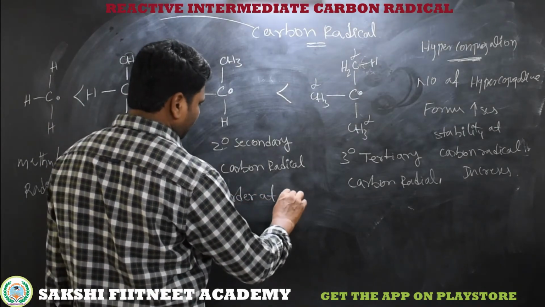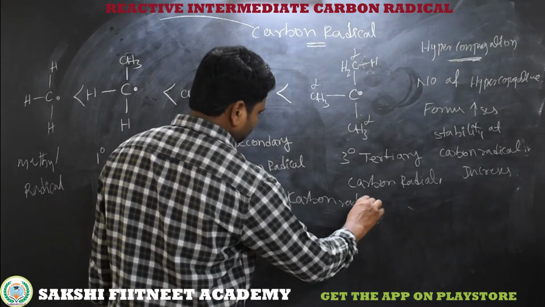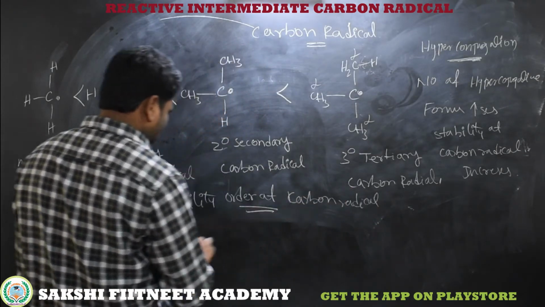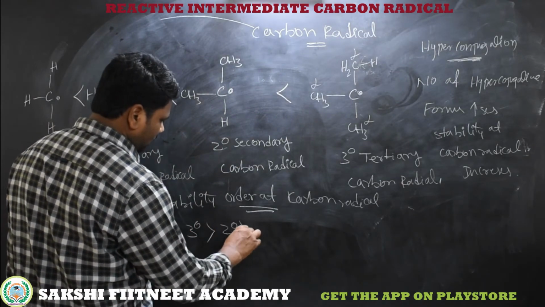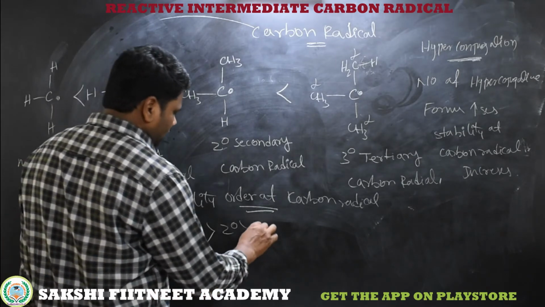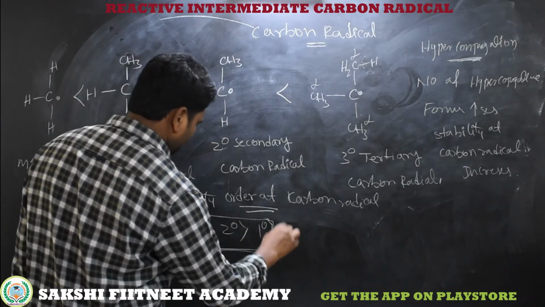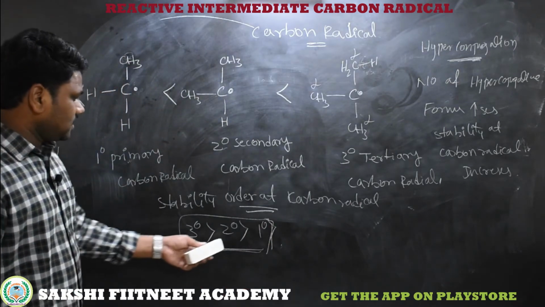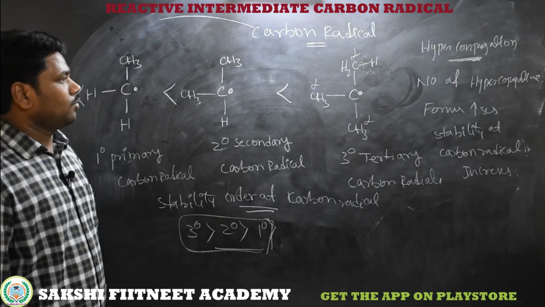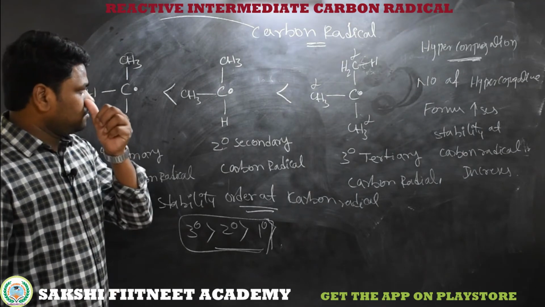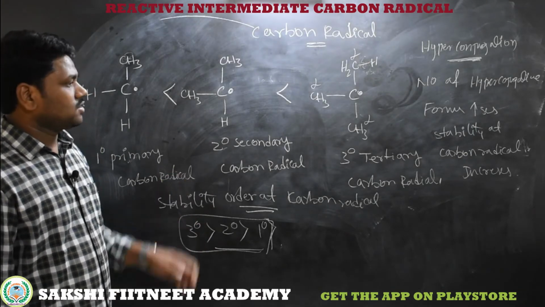Stability order of carbon radical: tertiary carbon radical is more stable than secondary carbon radical, which is more stable than primary carbon radical, then methyl carbon radical. This is the order of stability of carbon radical. Hope you understand well how carbon radicals form, their common properties and their stability order.